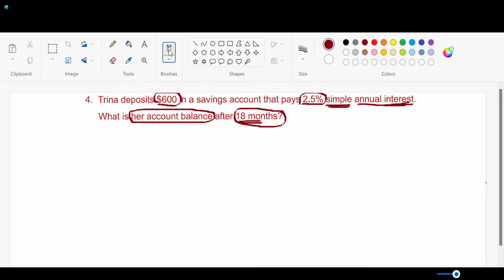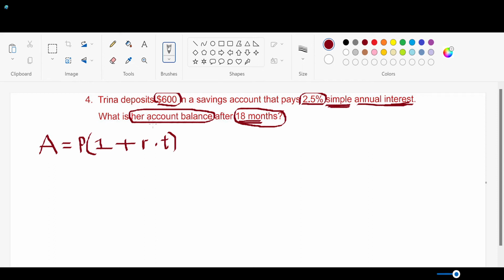All right, let's talk about the simple interest formula that we introduced in the last couple of days. That formula is A equals P times 1 plus rate times time. A is for the account balance.